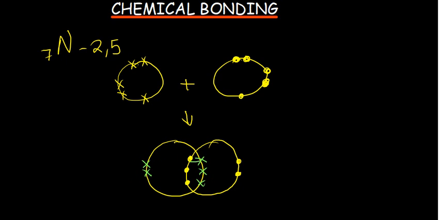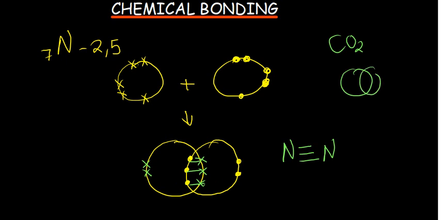So this means that it forms a triple bond. That's why for the nitrogen molecule it is written like this, because you have got 6 electrons which participate in the chemical reaction. But for carbon dioxide, you saw that we had 2 electrons bonding. We had something like this, 2 coming here and like that.